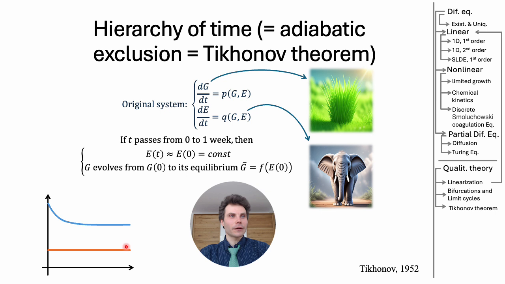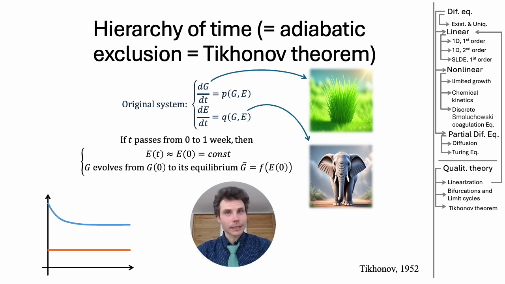Might there be a bit fewer animals, fewer elephants? The grass would drop less significantly, magnitude-wise. So the stationary state of the grass at the time frame of 1 week depends on the number of elephants.